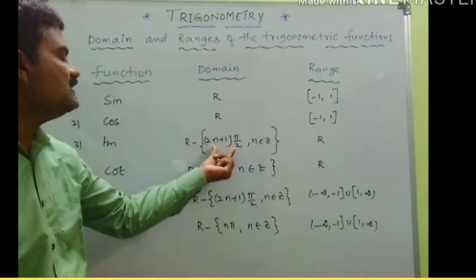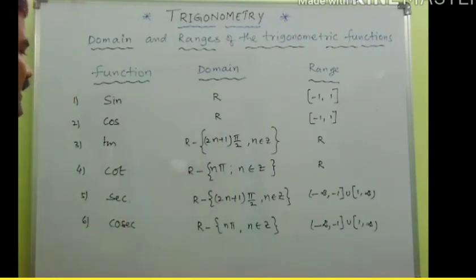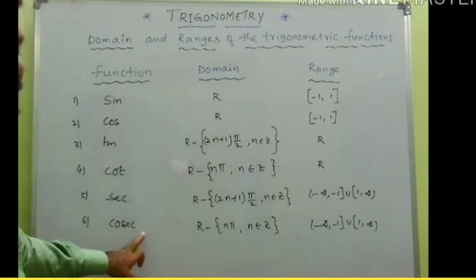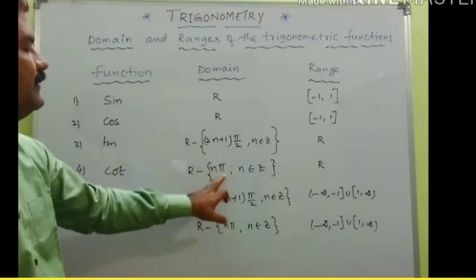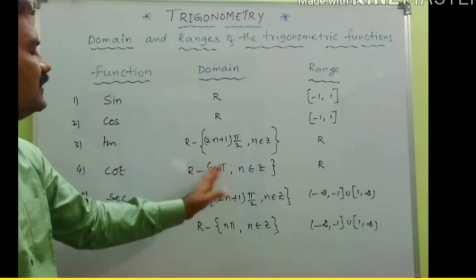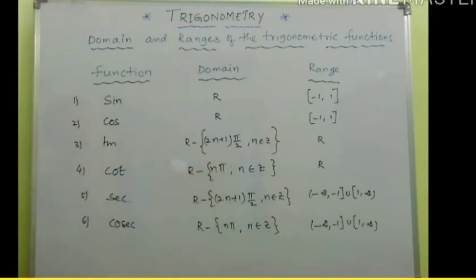Except these angles, it will be defined everywhere. Similarly, cot and cosecant are not defined when the angle is n pi. So except that, I can represent it as R minus n pi. N is always an integer. Integer can be positive, can be negative, even n can be 0 also. Very, very important. This table is most important in this chapter.